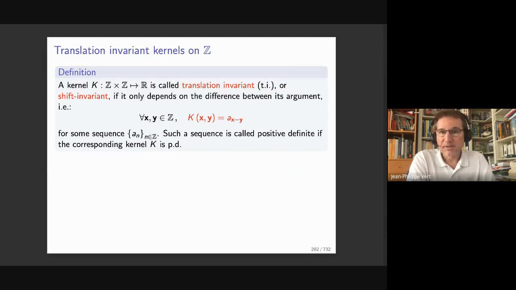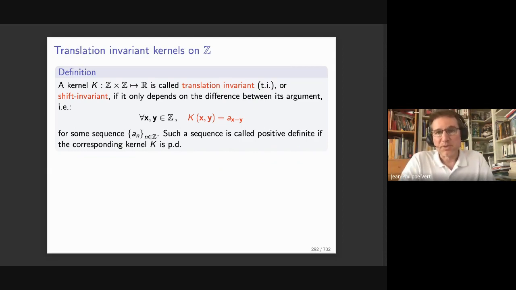All right, so we will say that this sequence is positive definite if and only if the kernel K as a kernel over Z is positive definite. So notice that to be positive definite, there are two conditions on K. K should be symmetric, and K should satisfy the fact that the Gram matrix is positive semi-definite.